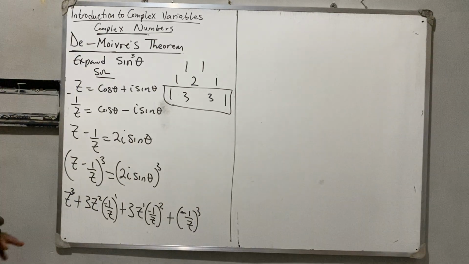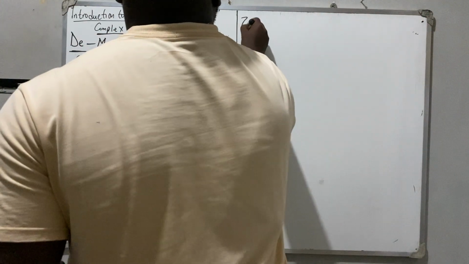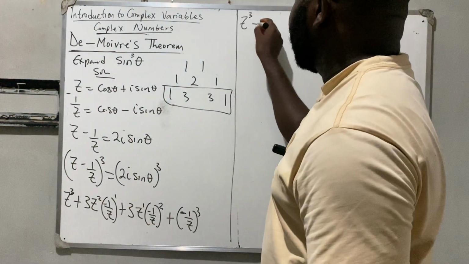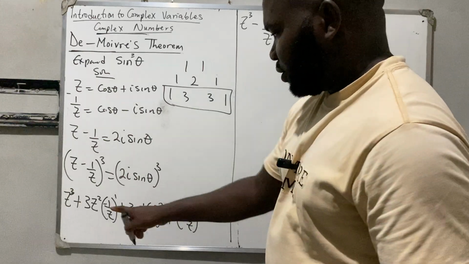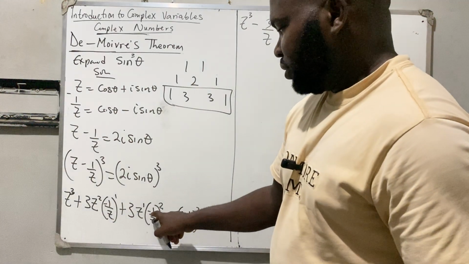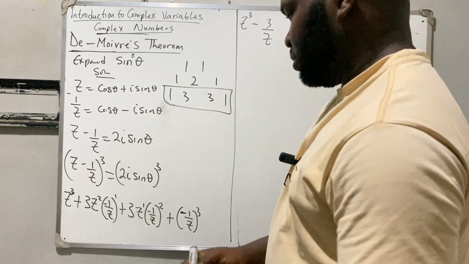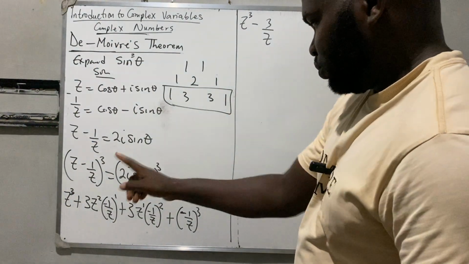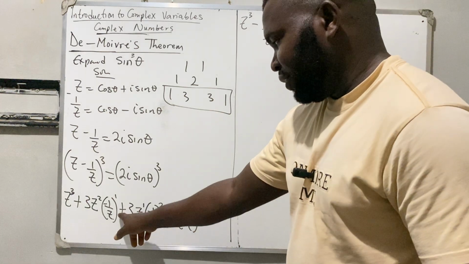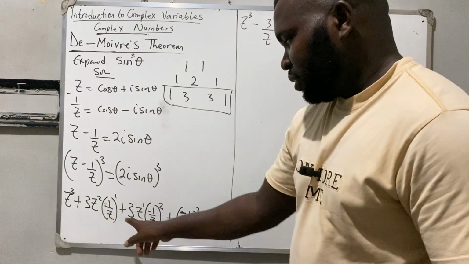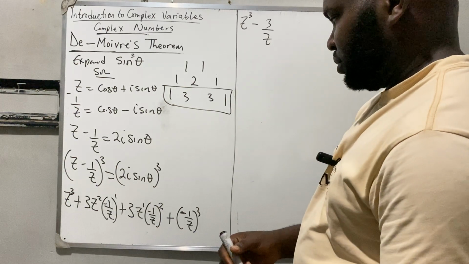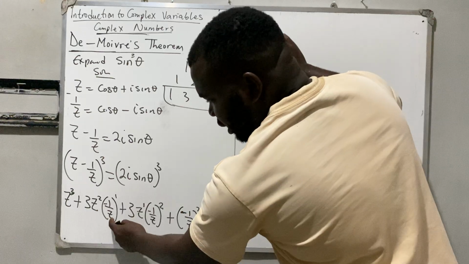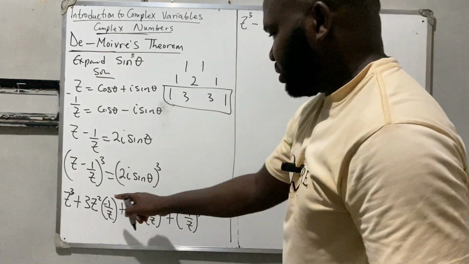Okay, so the expansion will now give me z raised to power 3 minus 3z. Sorry, this is z cube; 2 taking care of 1 is 3z, so this is minus 3z.